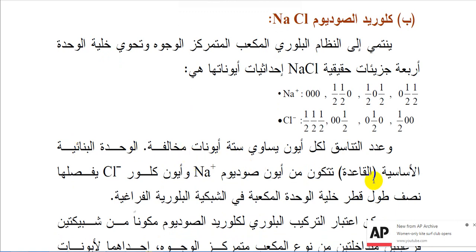The fundamental structural units consist of the sodium ion positively and the chloride ion negatively, separated by the half radiance of the cubic unit cell in the solid crystal lattice structure system. يعني يفصلها نصف قطر خلية الوحدة المكعبة في الشبكة البلورية الفراغية.